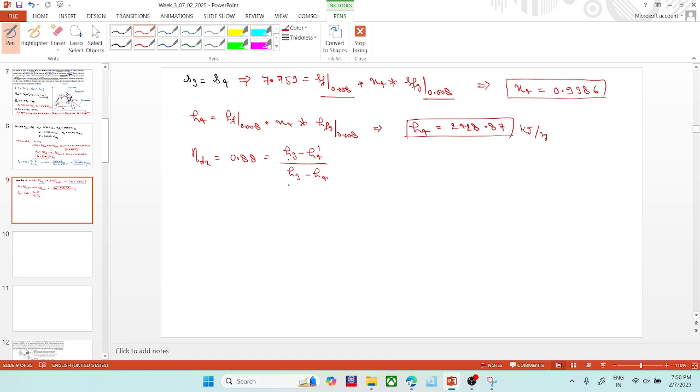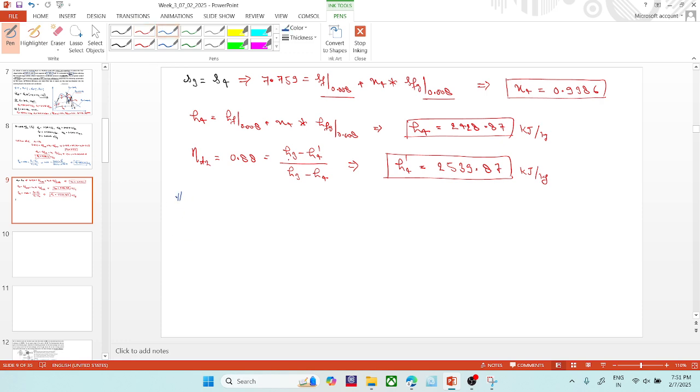We will put the value of H3 and H4 and get the value of H4 dash as 2539.87 kilojoule per kg. So till now we will get the values of H1, H2 dash, H3 and H4 dash, and by the help of this we can calculate the specific turbine work.